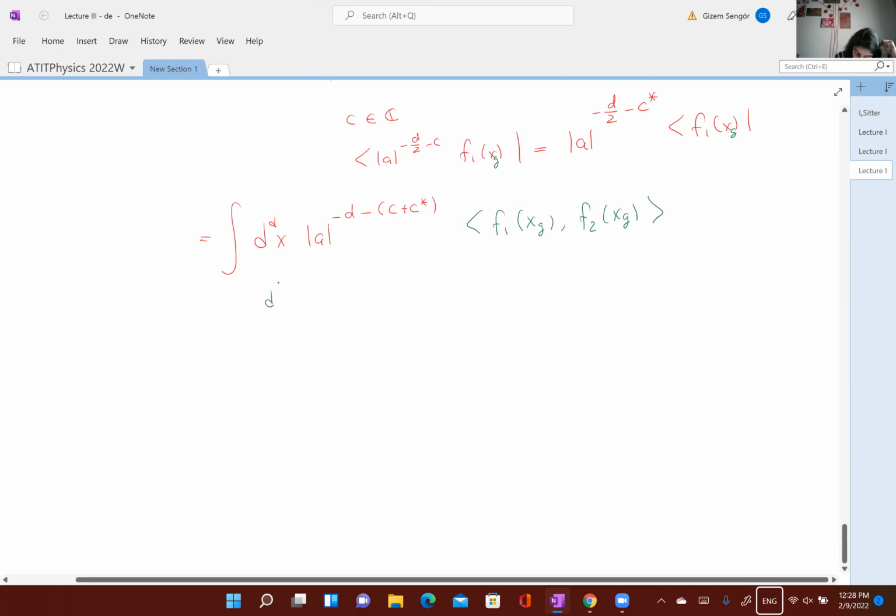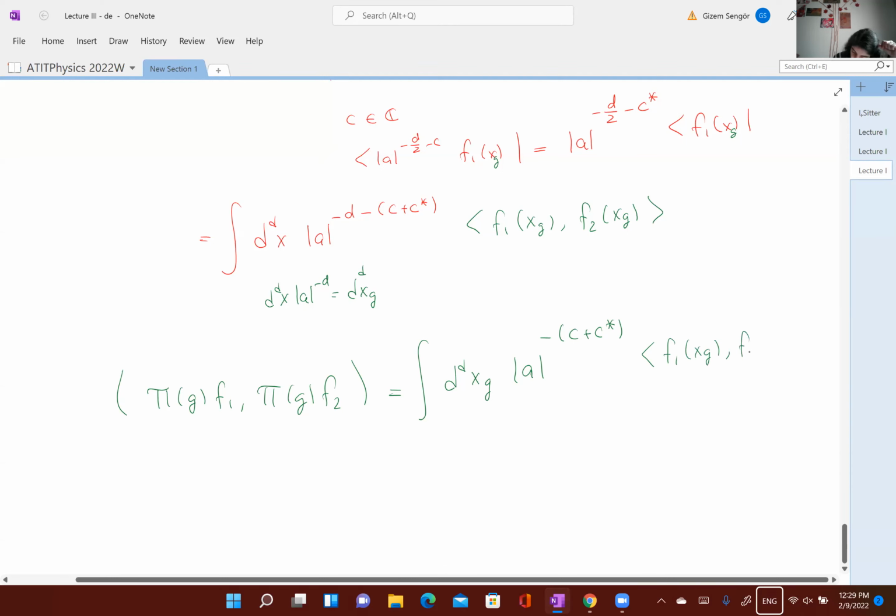And also remember here that the d/dλ minus d was d/dx_g. So altogether we found the inner product of g f1 by g f2 to be, so just something to do with dilatations, up to the exponent of scale weights, remains as some extra piece.